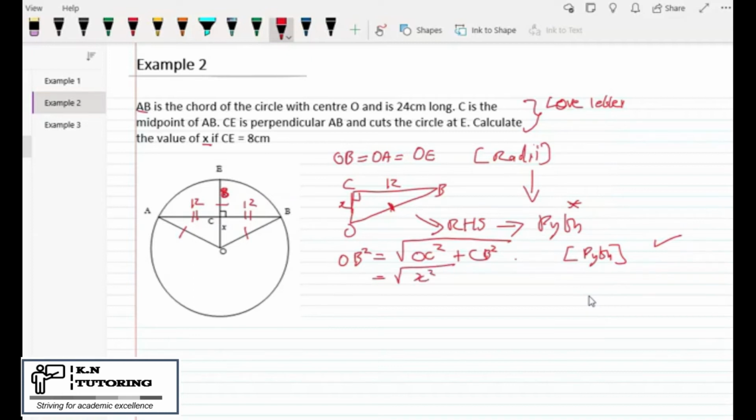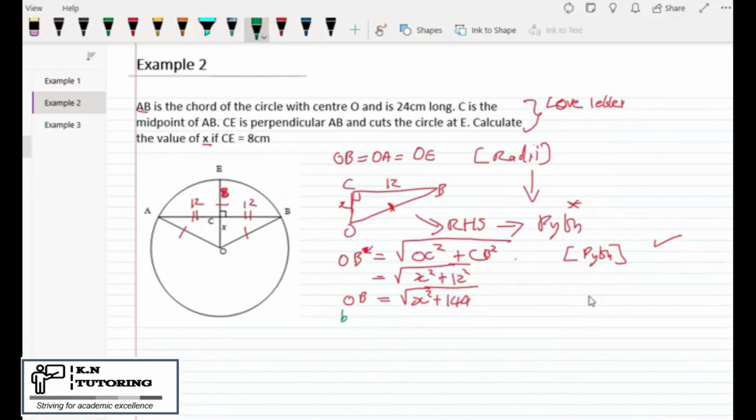My OC is x, so I've got x squared plus 12 squared. I'm going to simplify this: x squared plus 144. So OB is equal to the square root of x squared plus 144.